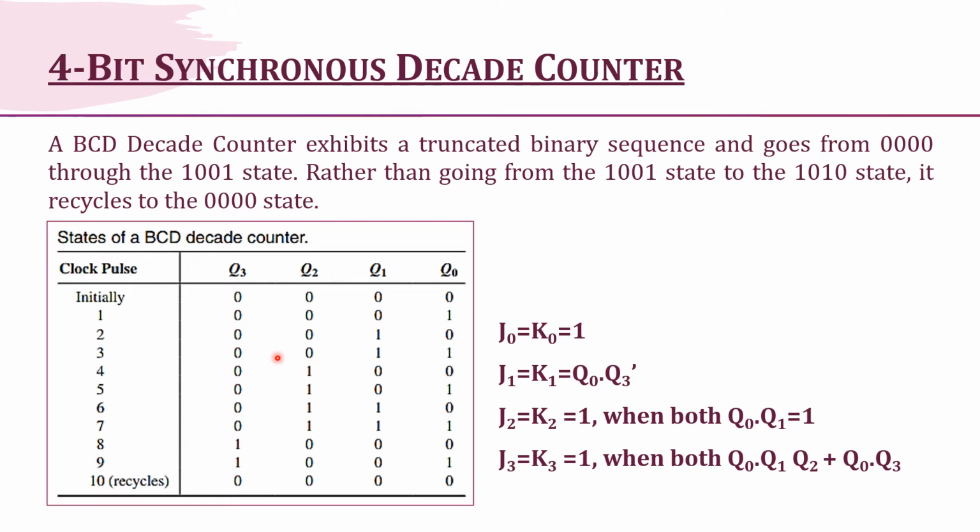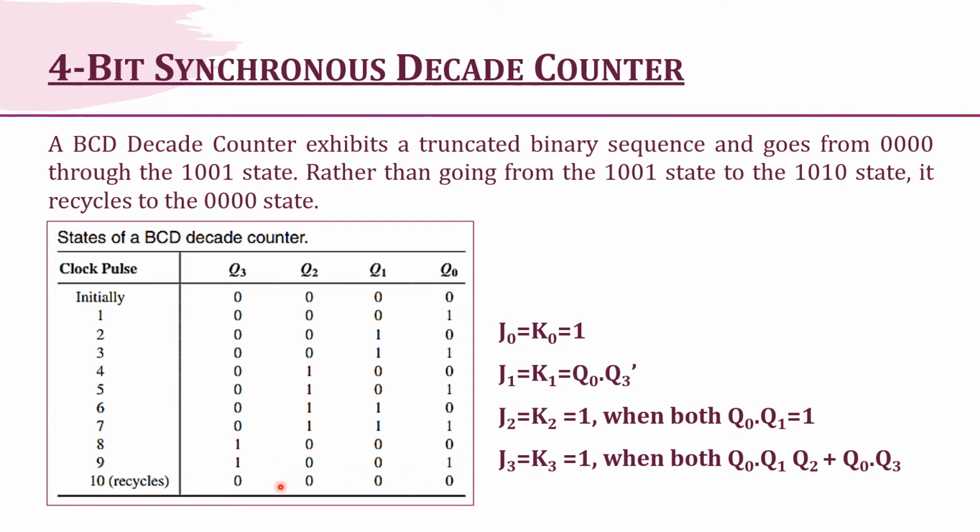Q2 toggles when both Q0 and Q1 are equal to 1. Now when we look into Q3, we can see that when Q0, Q1 and Q2 are all equal to 1, it toggles. And it also toggles its state when Q0 is equal to 1 and Q3 is equal to 1.